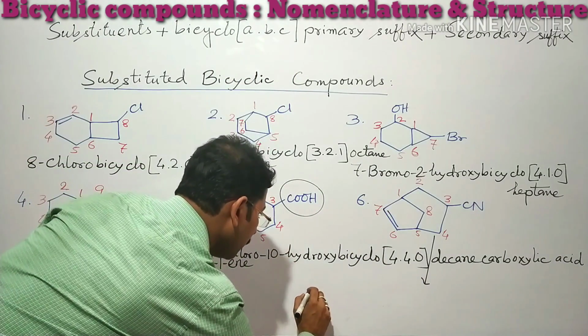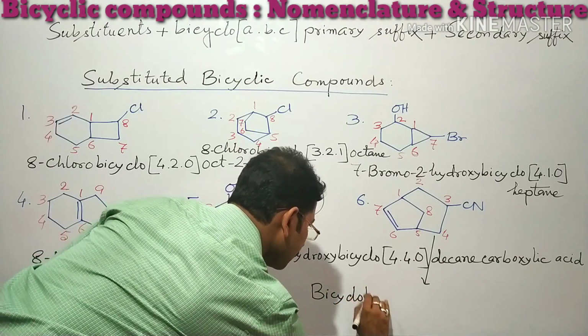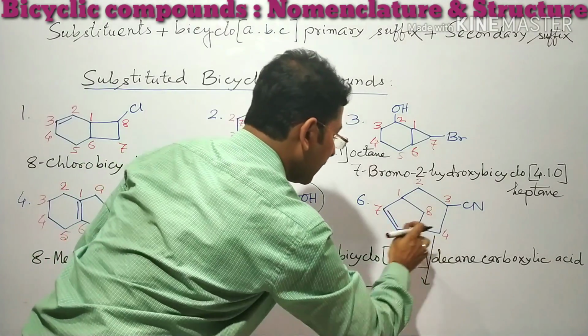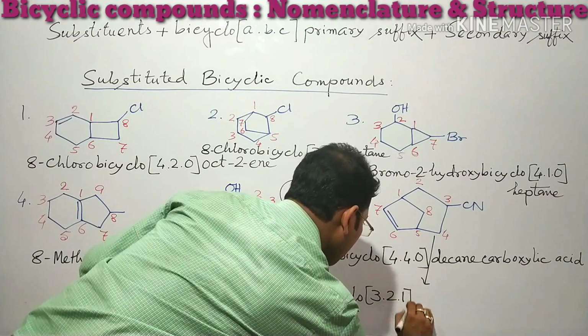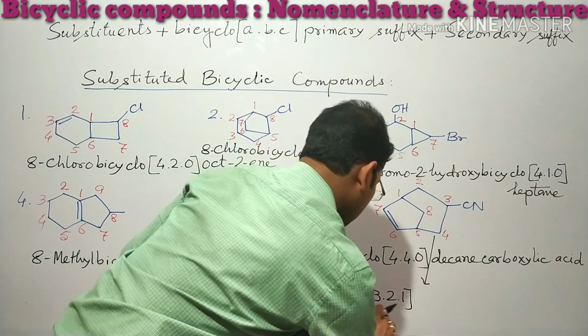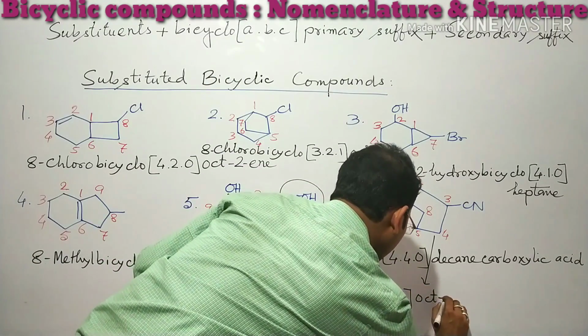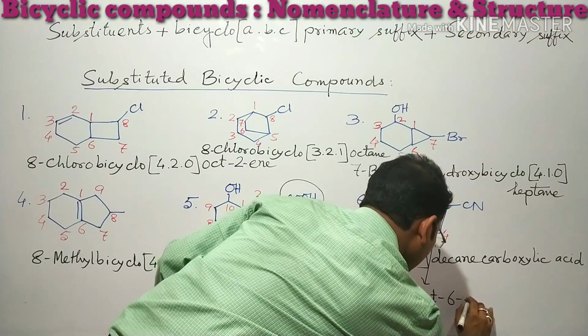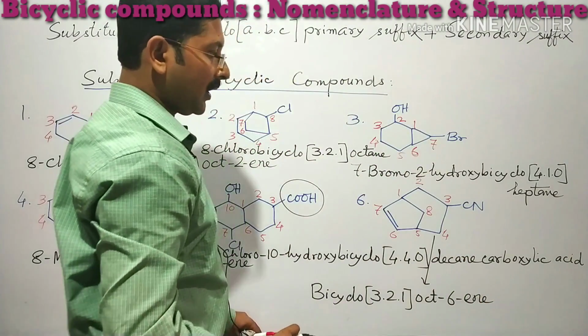So bicyclo. Here it is 1, 2, 3, here is 2, so it is 3, 2 and 1. 1 carbon here. Oct, 8 carbons. Oct-6-ene carbonitrile.